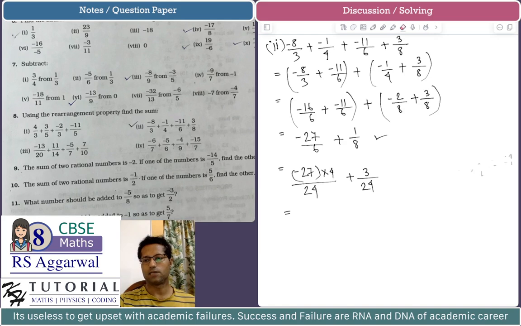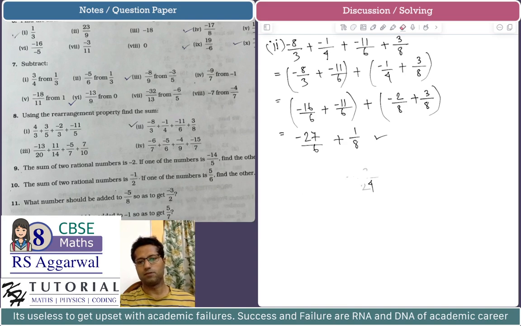Whenever you see any rational number that is not in standard form, sometimes it is better to convert it to standard form before proceeding further. So minus 27 by 6 is not in standard form. The standard form will be minus 9 by 2 after dividing both the numerator and the denominator by 3. Why 3?